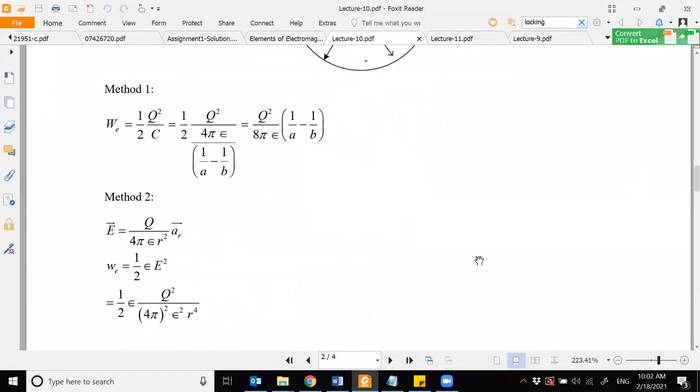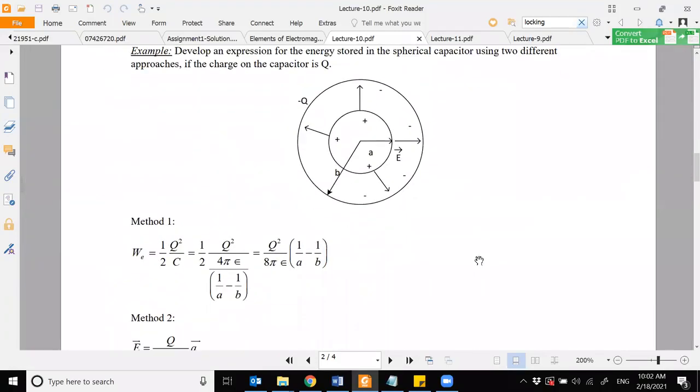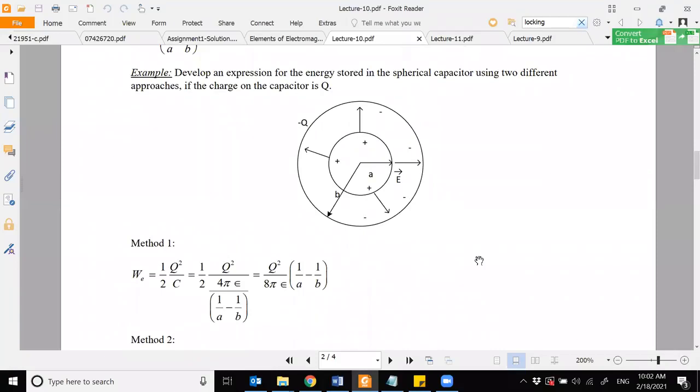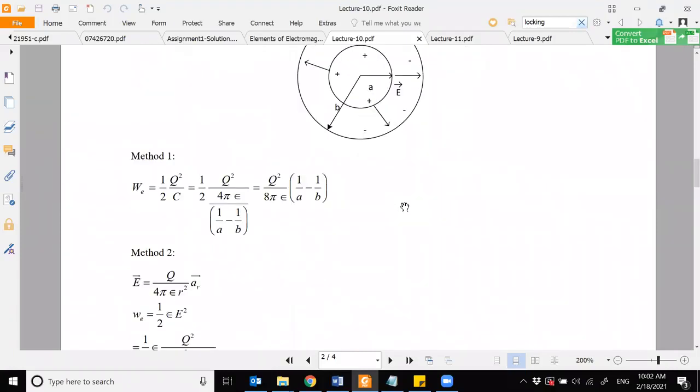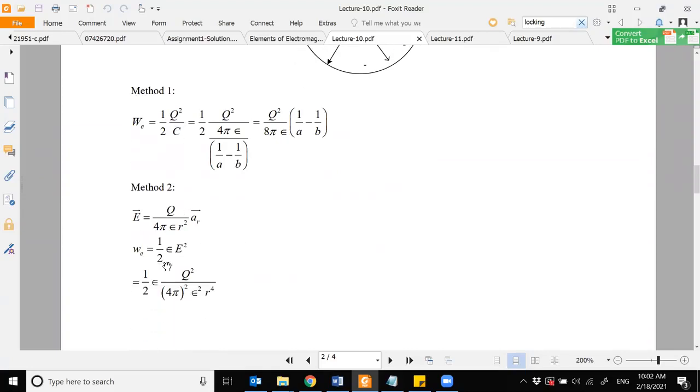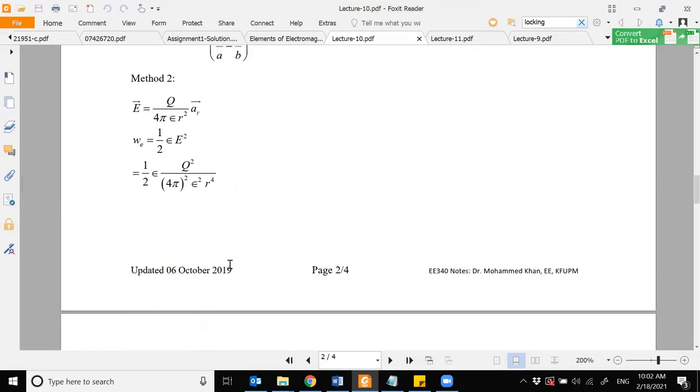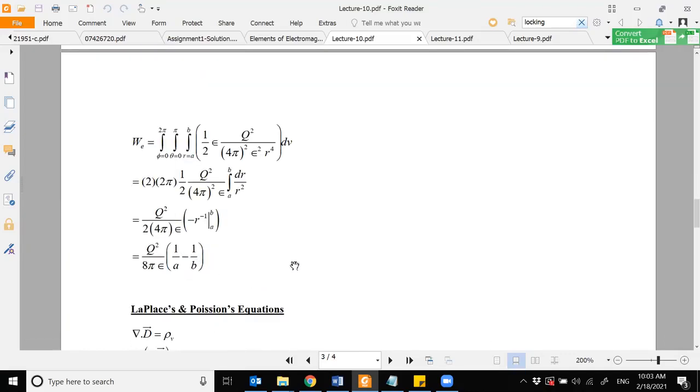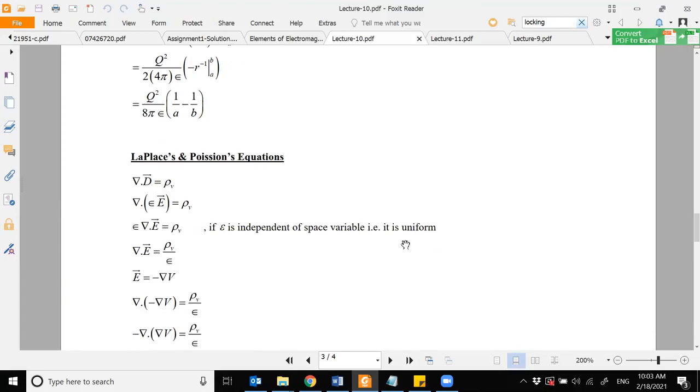And the last thing where we stopped was we were trying to develop the energy of the spherical capacitor using two methods. The first method is by directly taking the expression of the energy stored in a capacitor, which is half Q square over C. And second is from the electric field, get the energy density, and then the energy density integrated over the volume. And we saw that they are the same. I think this is where we stopped.